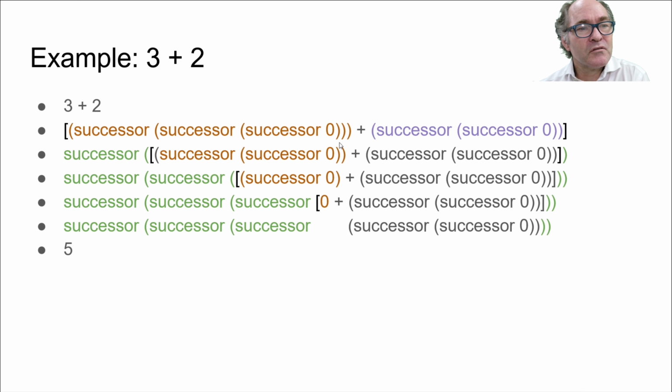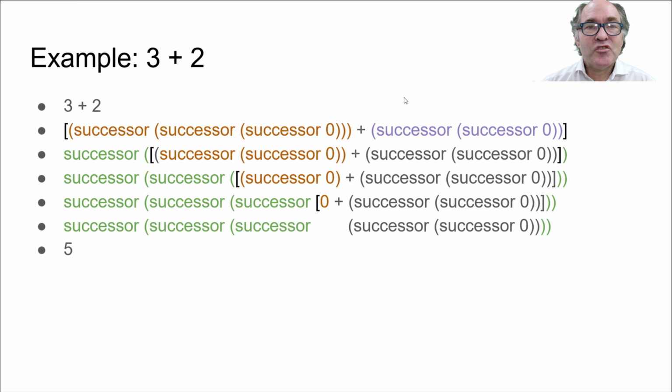You can think of the first argument here in orange as a representation of 3, or n, and the second, successor of successor of 0, as a representation of 2, which is our m. I've put square brackets around the sum that remains to be computed. We're just starting off, so what remains is 3 plus 2.